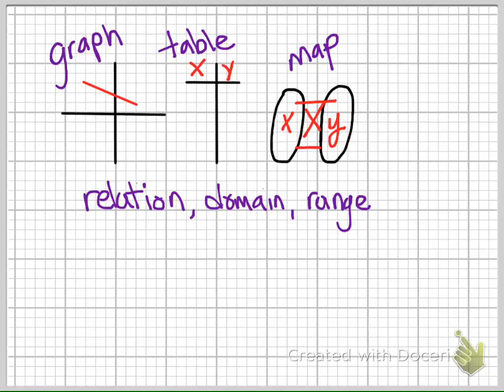We realize now, hopefully, that all of that information can be expressed in a lot of different ways. It can be given to us as a graph of a line. It can be given to us in some kind of a function table, and it can also be given to us in a map that we call a data map. And so there's a lot of different ways that this information can be given to us.